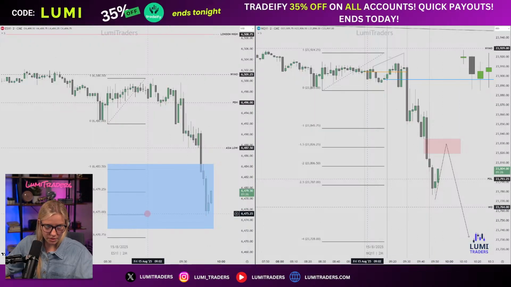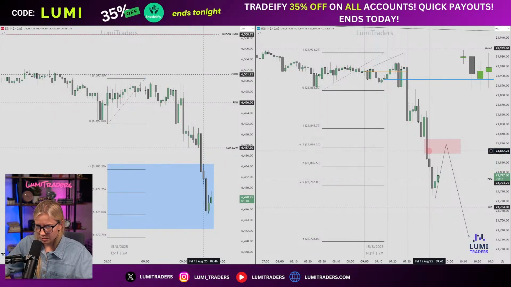We just hit 2 standard deviation on ES at this 15-minute manipulation projection, I would say to the tick, trying to respect this level. Let's see if we get a retracement up to this 2-minute fair value gap, and let's see how we respect this area.